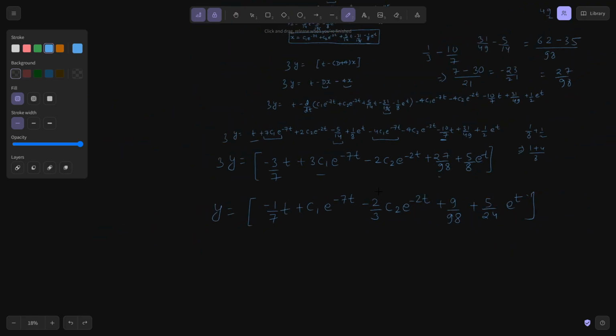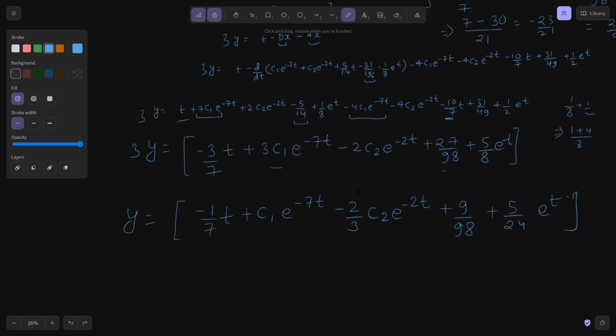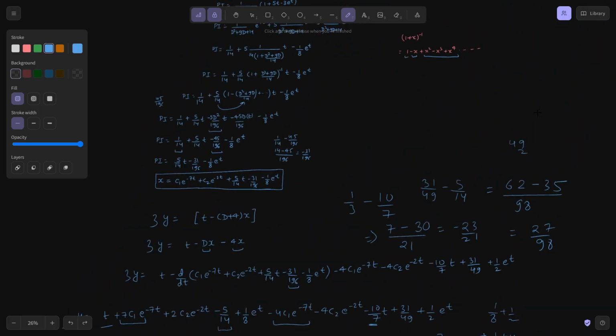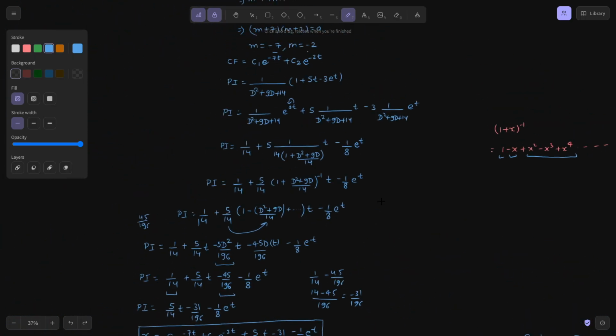What's next is our solution. We needed to find the value of x and y from here, which we have successfully found out. It was a bit lengthy, and I was a bit frustrated with calculations in the last stage, but if you focus on the previous steps, that was not that difficult.